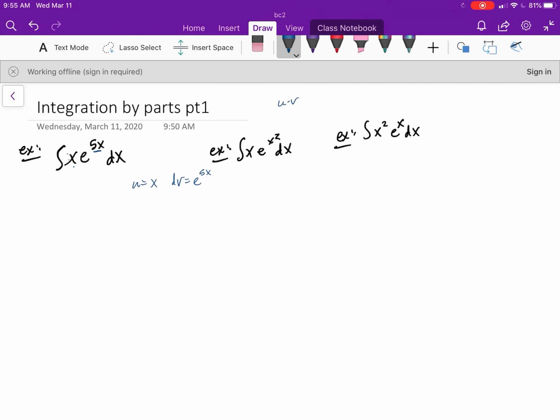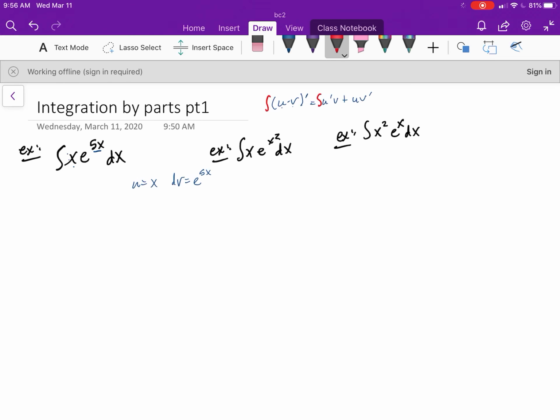So when I go to integrate a product of two functions, u and v, I will need to think backwards of derivative. And with derivative, we have the product rule, u prime v plus u v prime. Then integral will undo derivative.